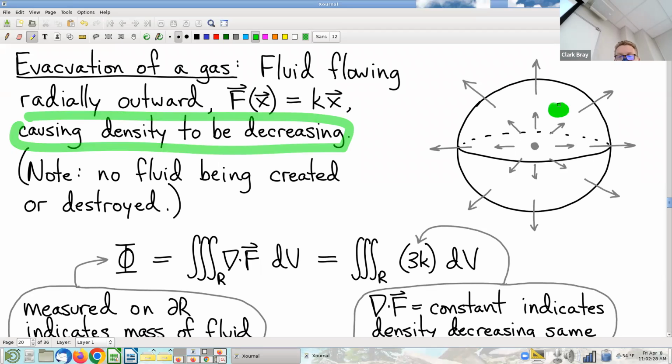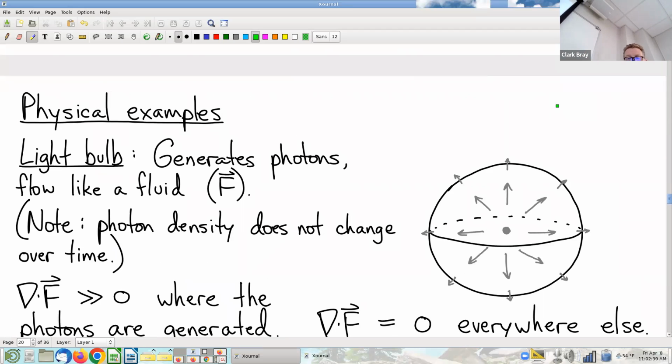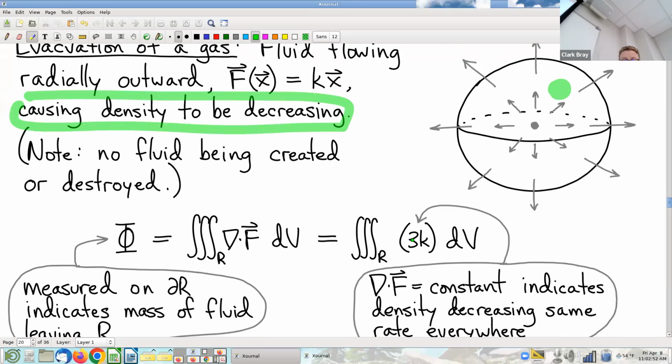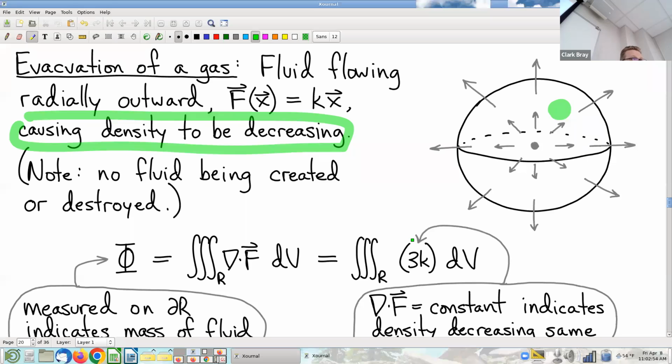How much gas there is in a given region is decreasing. I'm raising the temperature, the gas is expanding, the density is going down. Whereas up there, how many photons are in that region is not changing at all. Nobody's collecting photons, nobody's losing photons. Here we are literally losing gas in particular regions.